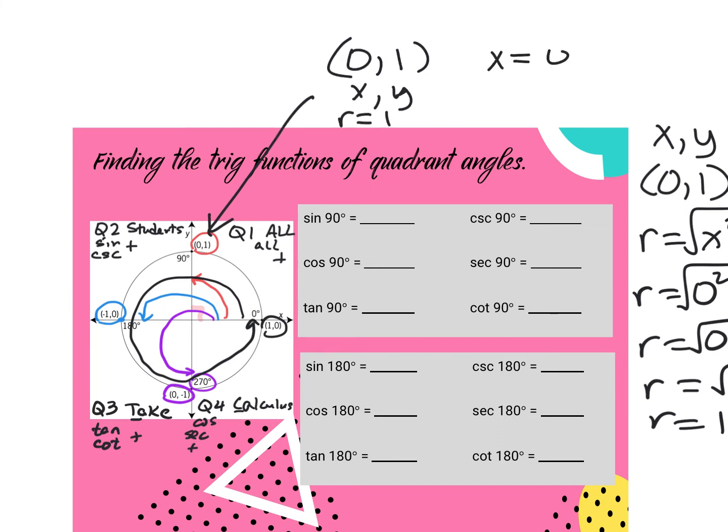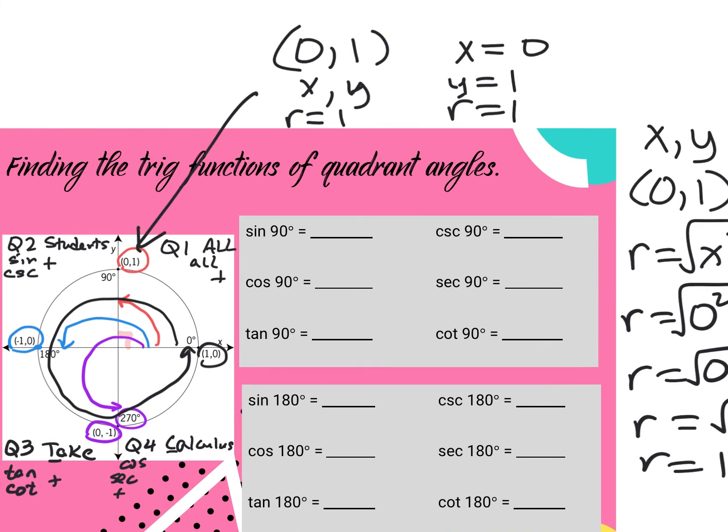So X equals 0, Y equals 1, R equals 1. I'm going to go ahead and plug this in to each one of these. Again, you're going to memorize the rules. Remember, sine is going to be Y over R.